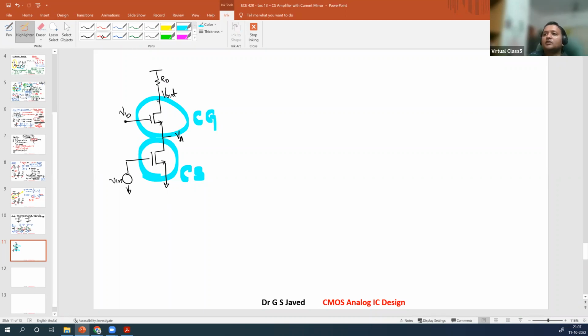Now what will be the output impedance of this common source and common gate? First thing is this output impedance is going to be R0, R1. Now what is the output impedance of this device?